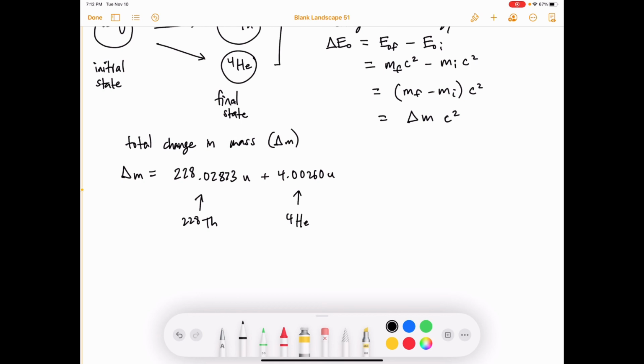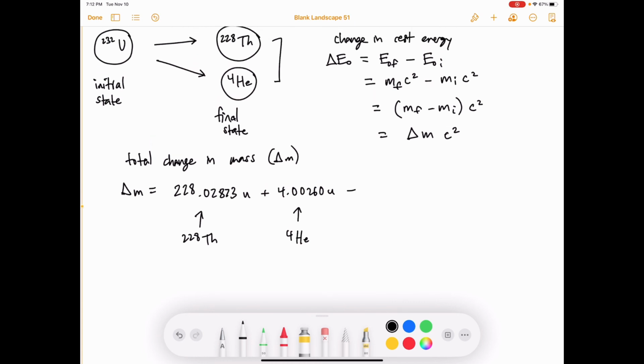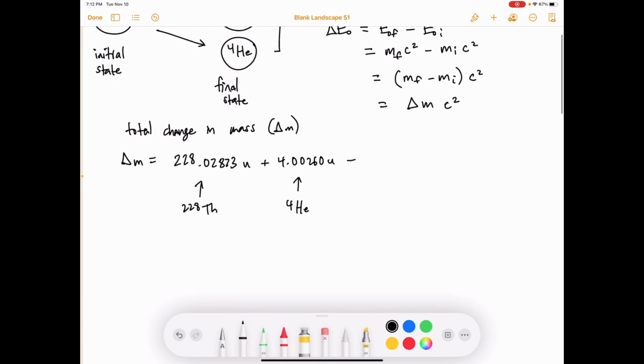And then that's M final. We're subtracting M initial, which is just the mass of the uranium-232, 232.03714 atomic mass units. If you actually calculate this, it comes out to minus 0.00581 atomic mass units.